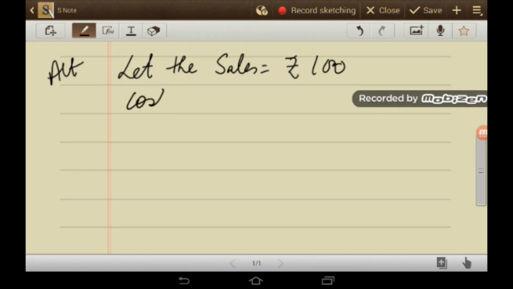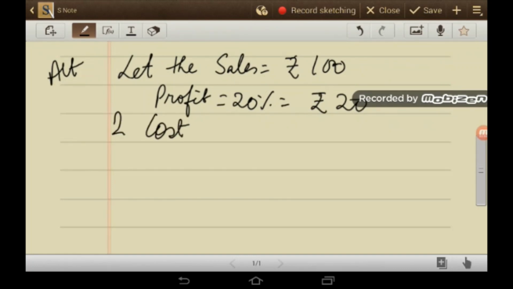Profit is given as 20% of sales, so here rupees 20, and cost is the difference between the selling price and the profit. So cost is equal to rupees 80.